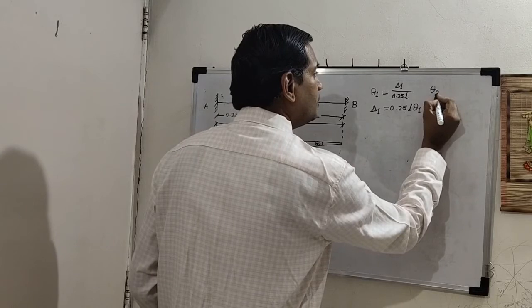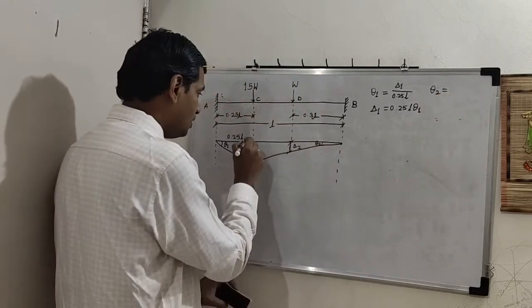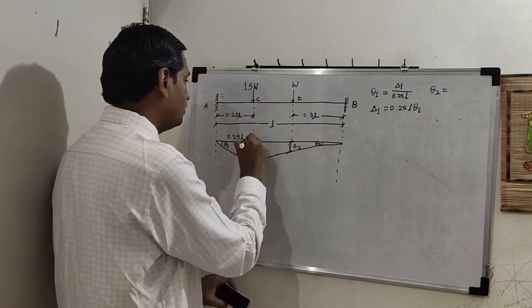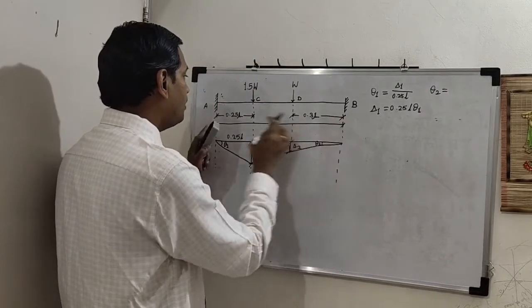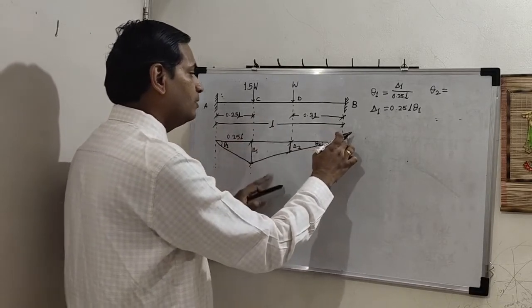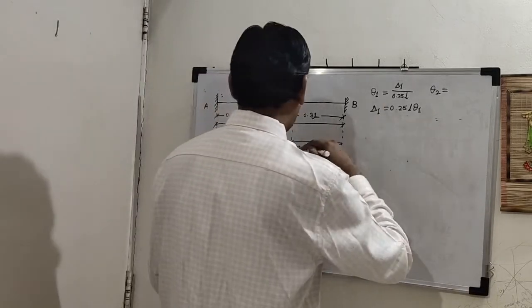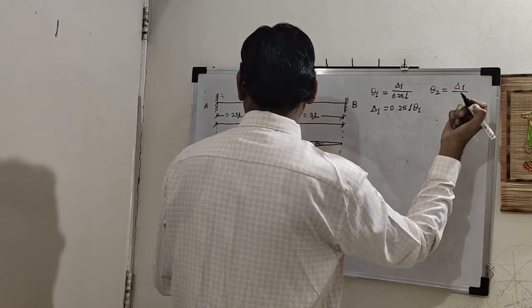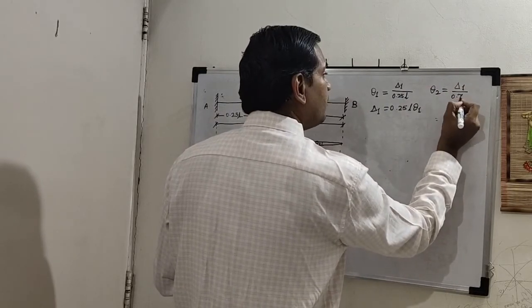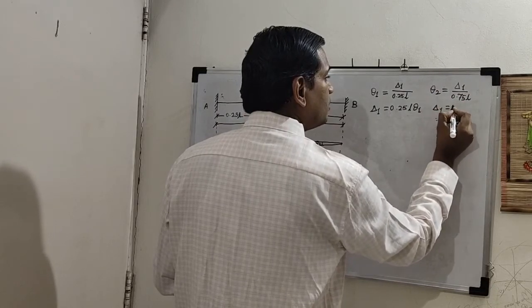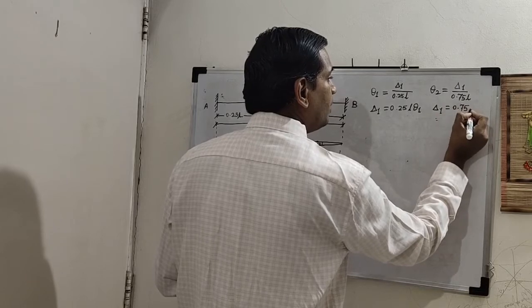So theta 2 is equal to, see now this right angled triangle. How much is this side? Total L minus 0.25 L. So this is 0.75 L. So theta 2 is equal to delta 1 upon 0.75 L. So from this delta 1 is 0.75 L theta 2.